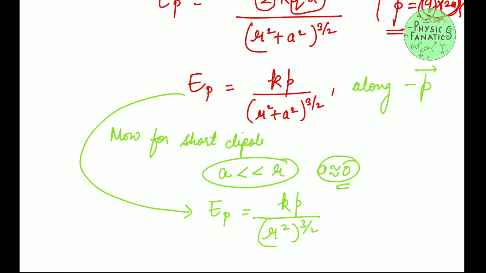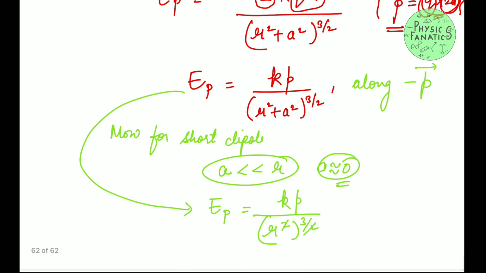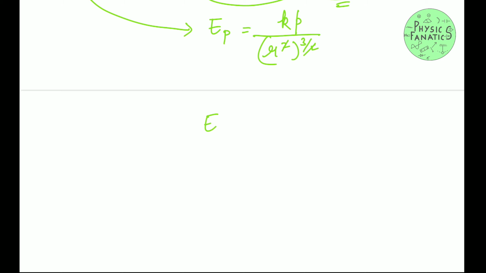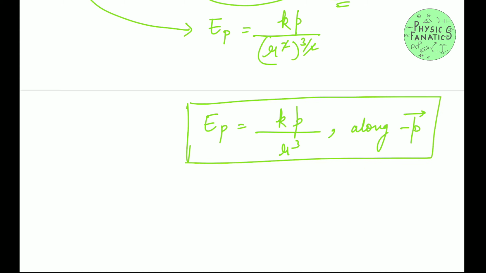So the 2 will cancel out, and the final value will be E_P equals KP upon R cubed, along minus P. This is the value of the electric field due to a dipole on the equatorial plane of the dipole. I hope that is understandable.